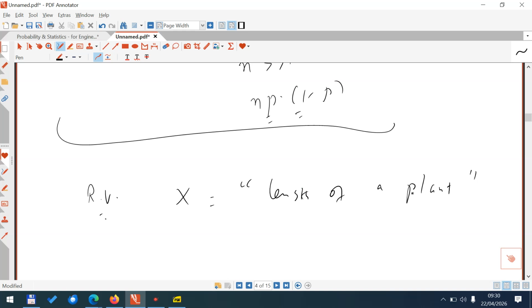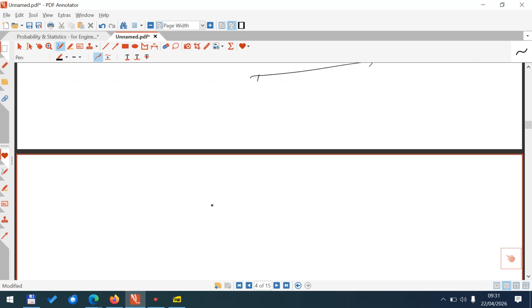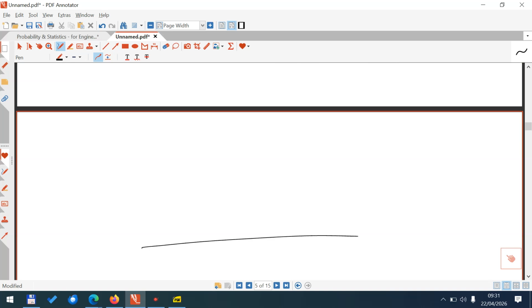I focus on a particular plant and collect samples. Some plants of that family have this length, some have this length, some have this length. If I now see a histogram of these lengths, I will see this bell-shaped curve.